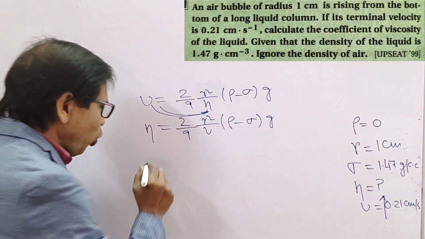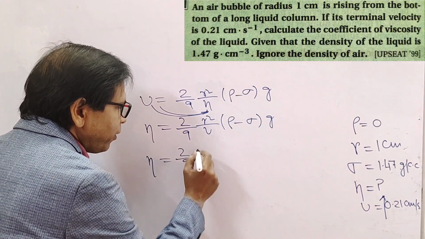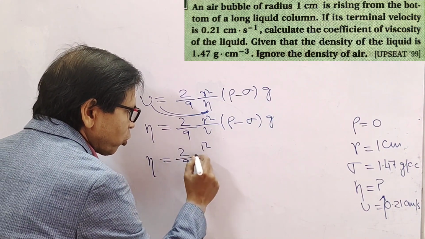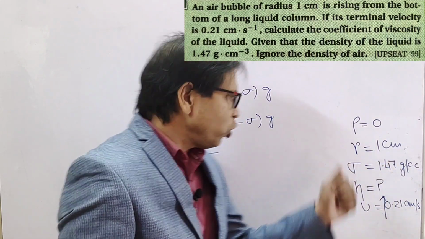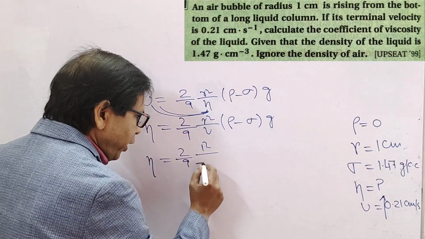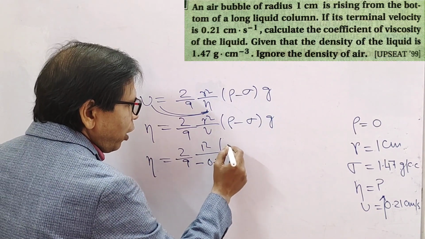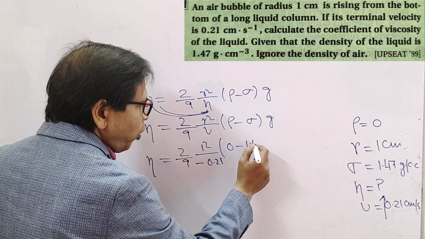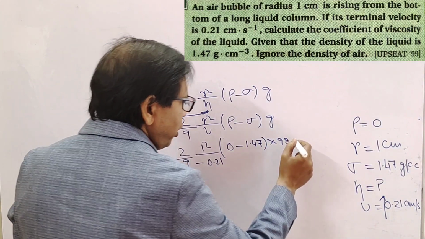Now the coefficient of viscosity eta equals 2 by 9, r square is 1 square, and v, the terminal velocity in the upward direction, is taken with a negative sign as minus 0.21, and this is 0 minus 1.47 into 980.